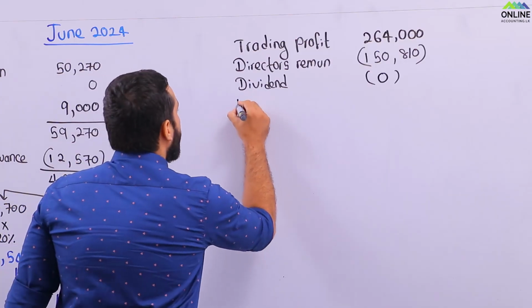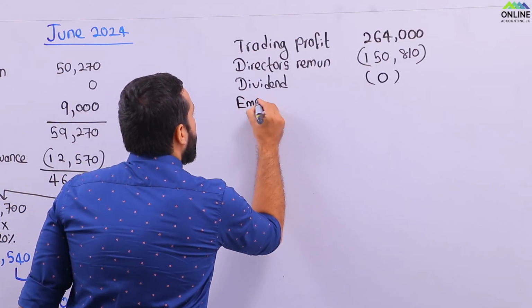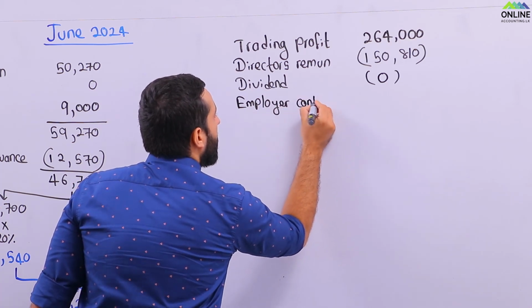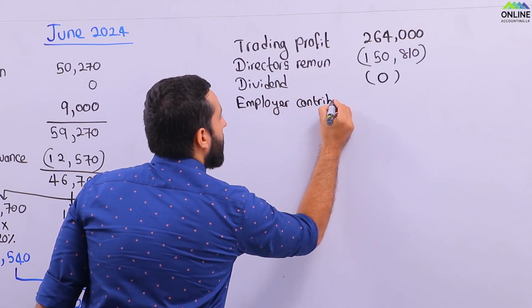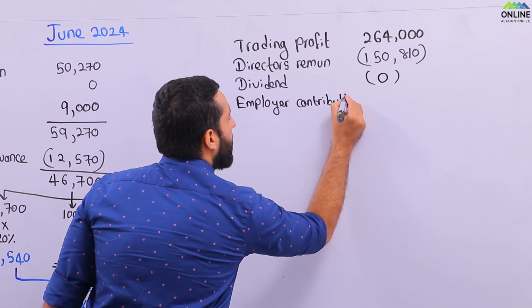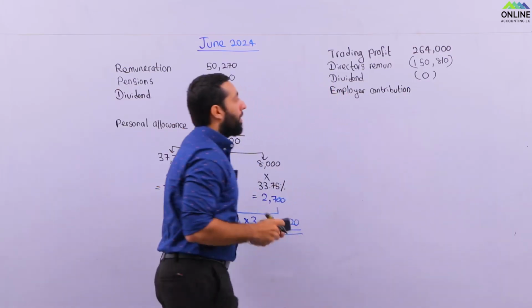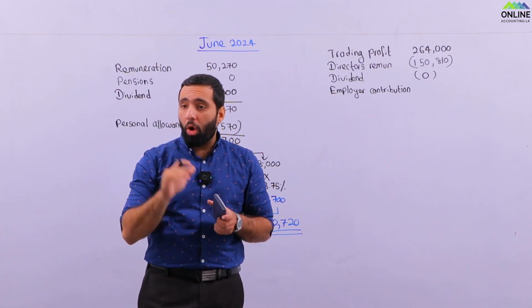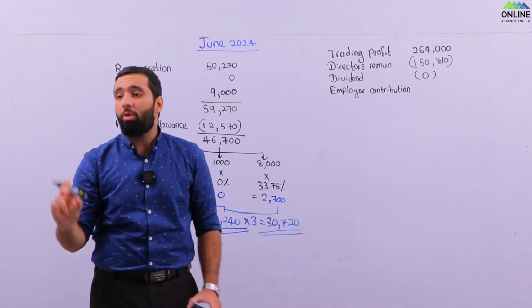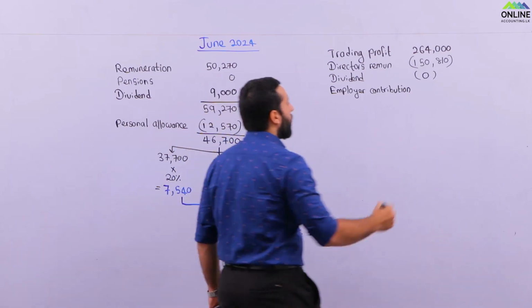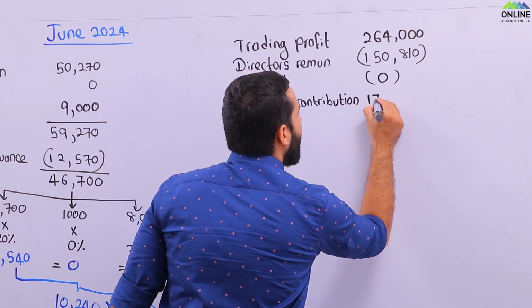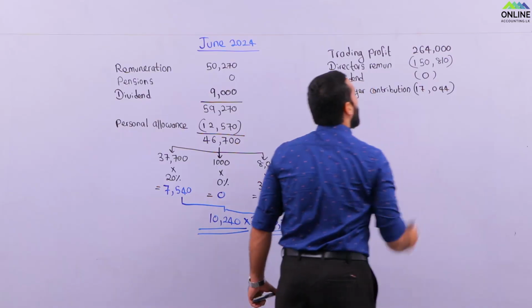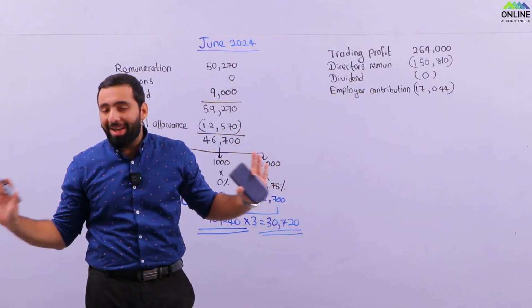Employer contribution, how much is that? The total employer contribution, the total amount is 17,044. So that is also a deductible expense.